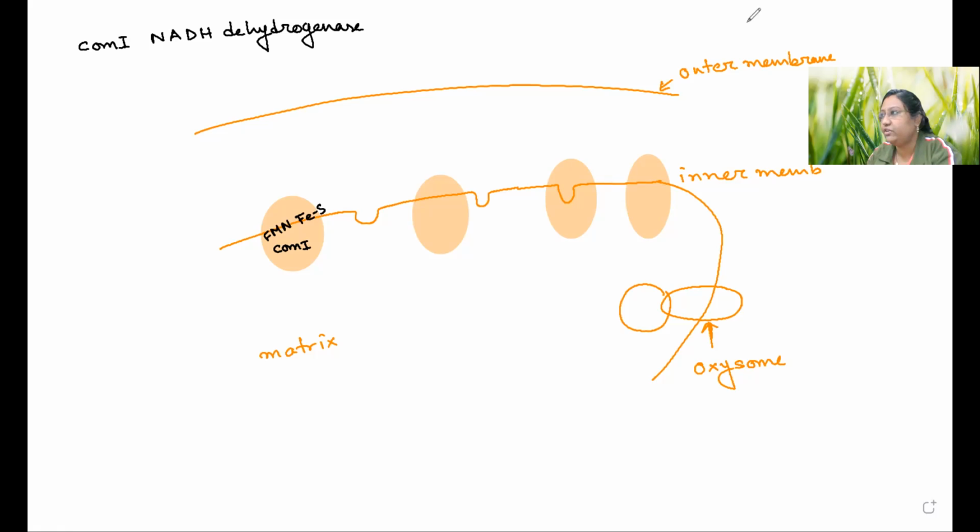Basically, all these electron carriers, as we studied in photosynthesis, are having one metal at the center, and then they carry electron by continuously getting oxidized and reduced.